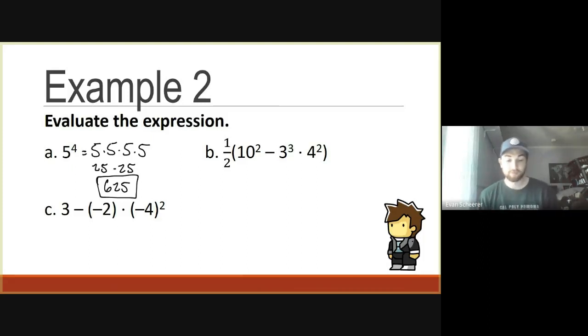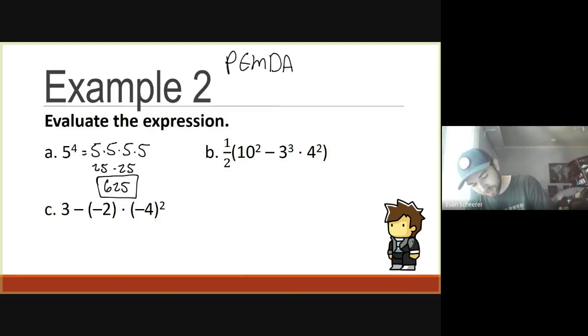Now, B, remember, we have to do PEMDAS. Whenever we're doing expressions, we always do PEMDAS. So first we need to do parentheses. Parentheses is everything in here, so we have to do that inside first. After parentheses, we have to do exponents.